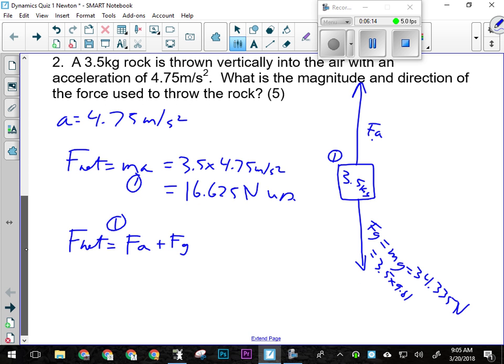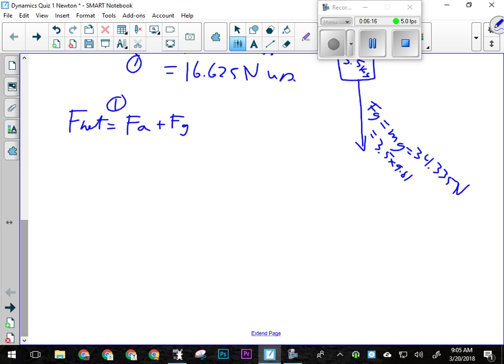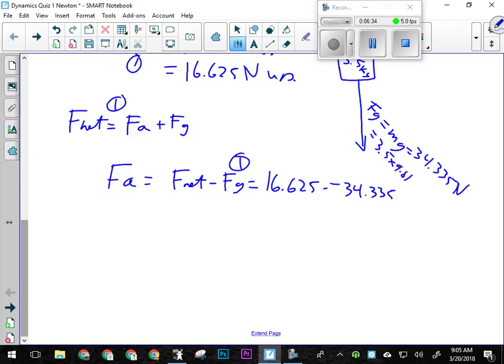Then I need to manipulate to solve for FA. So FA will be the net force minus the force of gravity, which will be 16.625 minus negative 34.335. Give them a mark if they got something like that for their fourth mark.